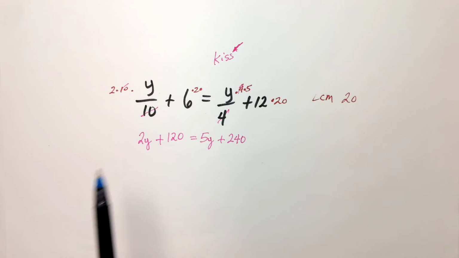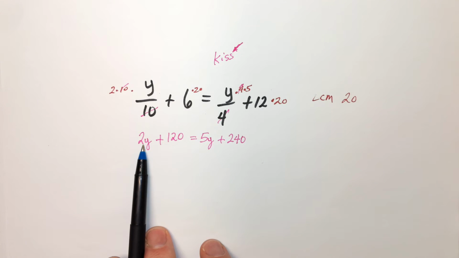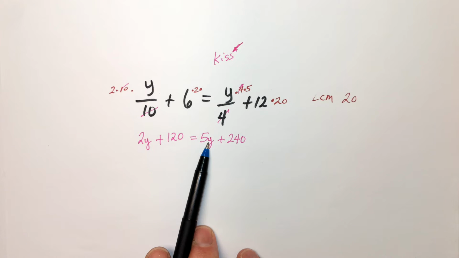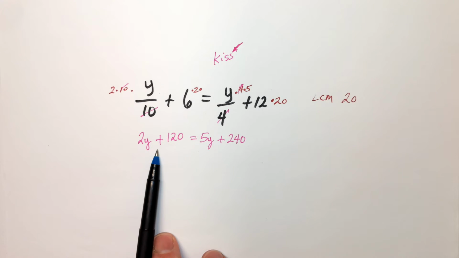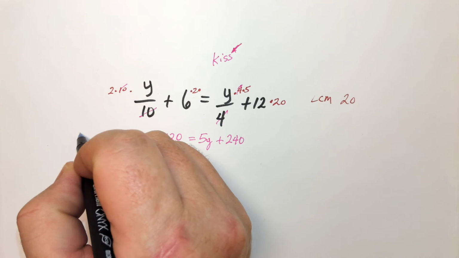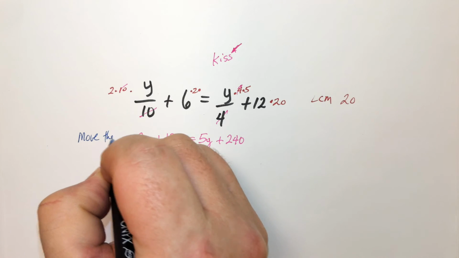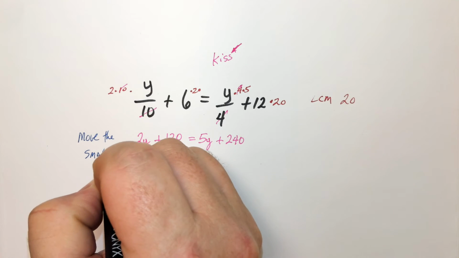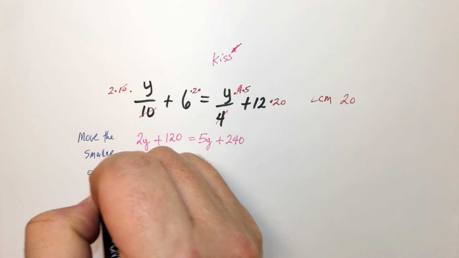Okay, now, this one sometimes seems backwards, because people are in the habit of moving the unknown to the left side of the equal sign. But that makes this more difficult. You'll end up with a negative. It's always better to go for the positive one. You want to move the one with the smaller coefficient.